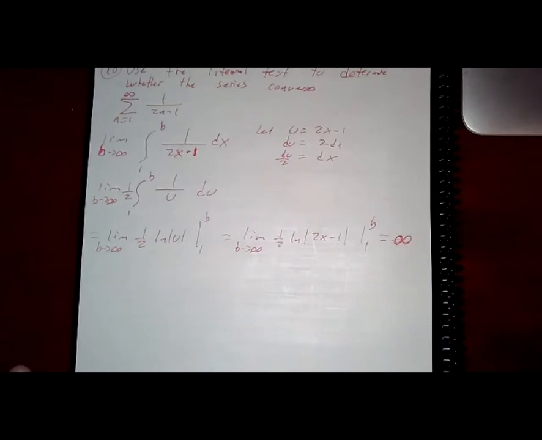Well, they told us to use it, so it's implied that it's okay. But if they just say, does it converge or diverge, and they don't tell you how, then you should probably check the test to see if you are able to use it.